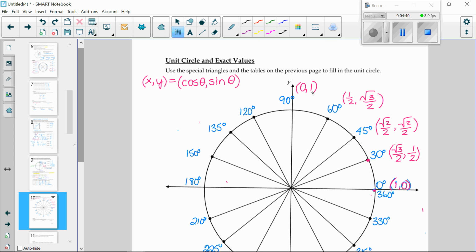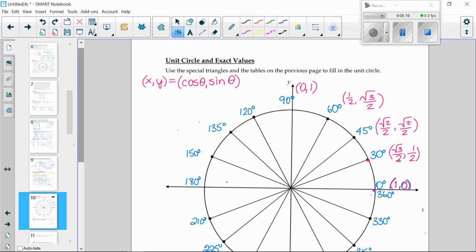Okay, so over here, I am going to go and count 0, 1, 2, 3, 1. Back the other way. 0, 1, 2, 3, 1. You see that? To remember, 0, 1, okay, that's 1 over 2, 2, root 2 over 2, 3, root 3 over 2, and 1, and then back the other way.